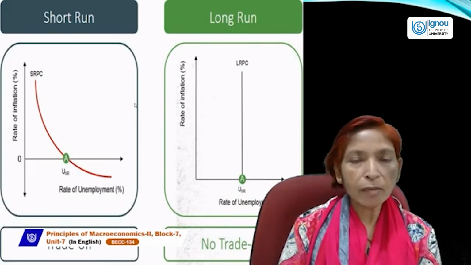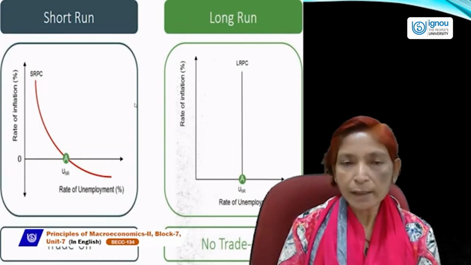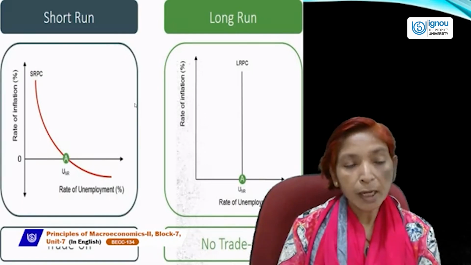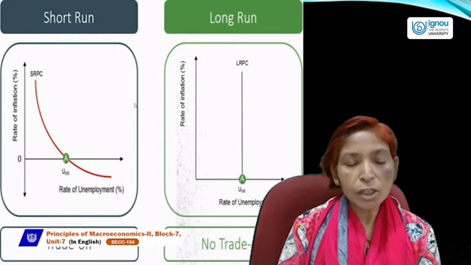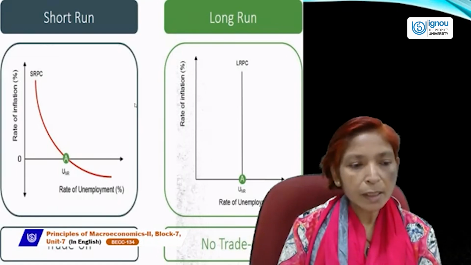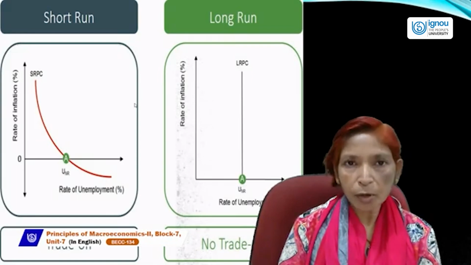So, the natural rate of unemployment occurs when the short run Phillips curve touches the x-axis, and the negatively sloped SRPC is showing that as the inflation rate falls, the rate of unemployment first decreases. After that, we achieve the natural rate of unemployment.